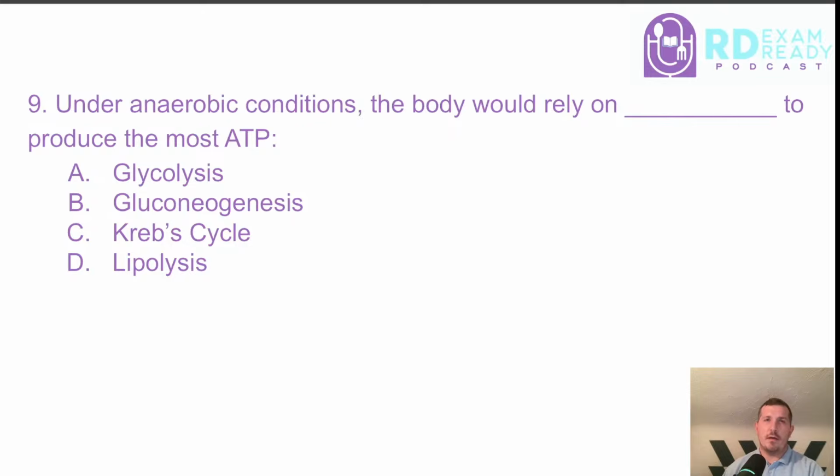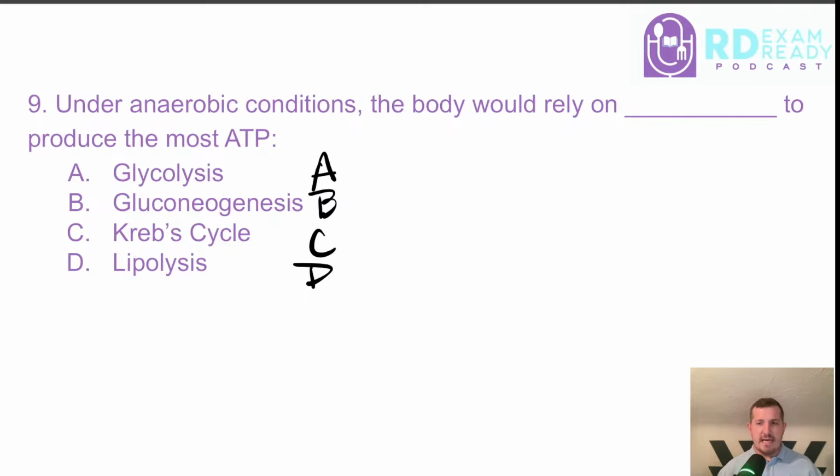Might be a few of those you don't know if they require oxygen, and that's okay. But there's two of these answers that I know may or may not require oxygen here. I'm going to write out A, B, C, and D. For A, glycolysis. Okay, so glycolysis being that first step in carbohydrate metabolism.